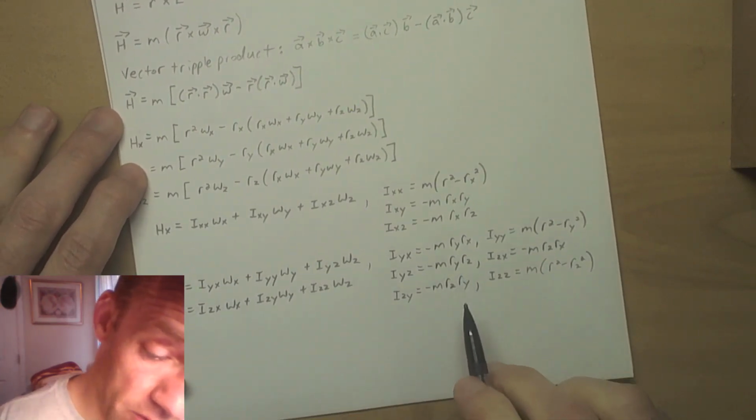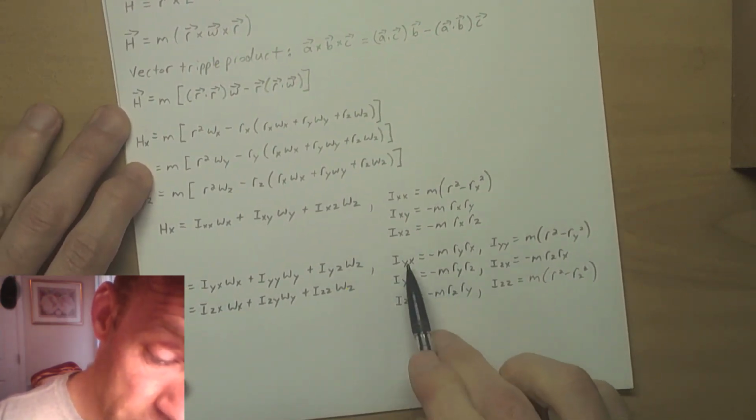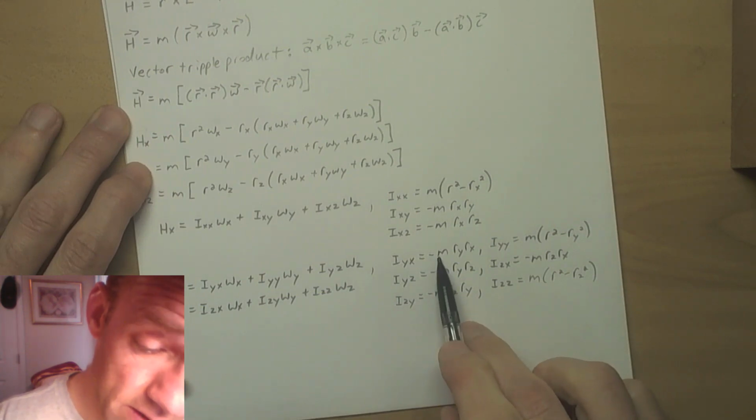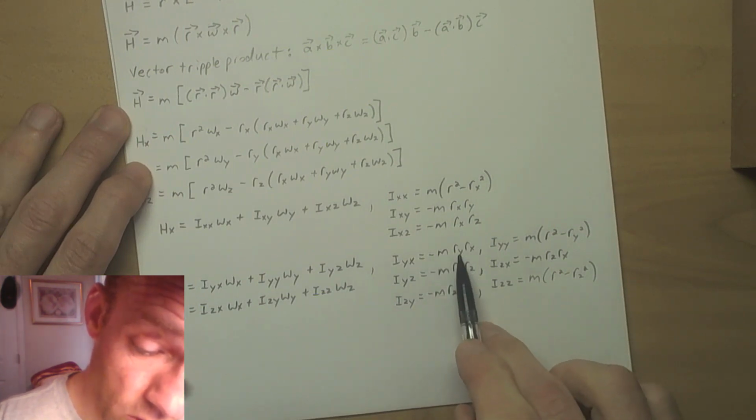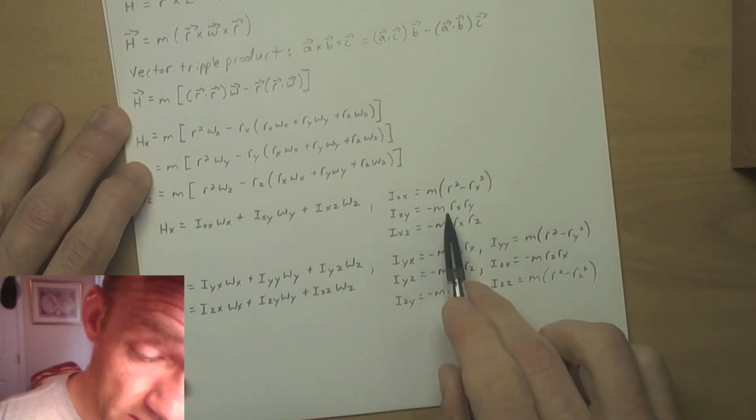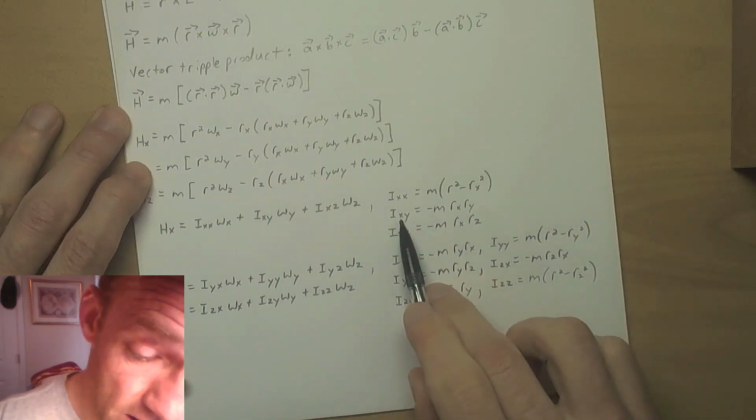Now notice a couple things before we move on. Notice Ixy is negative mass Rx, Ry, or Rx Ry. Well, that's the same as Iyx.